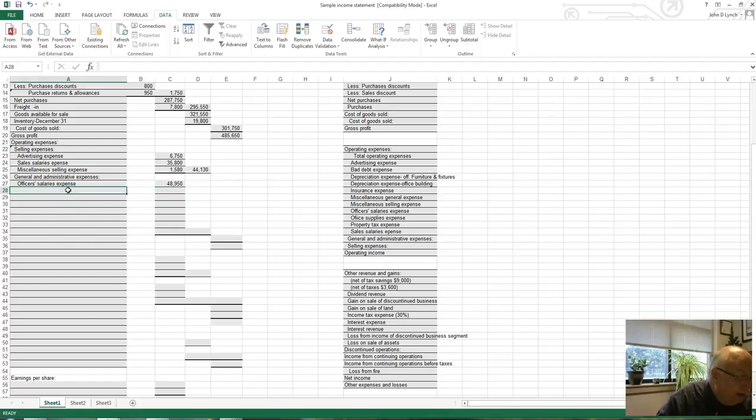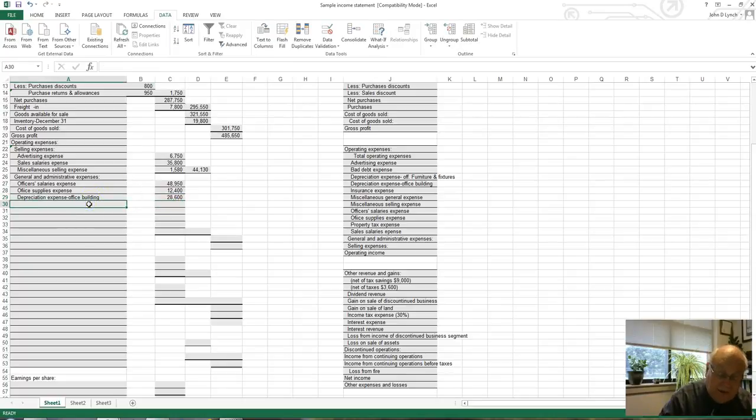We have office supplies expense, and that one is going to be $12,400. Then we'll have depreciation expense on office building, and that's for $28,600.